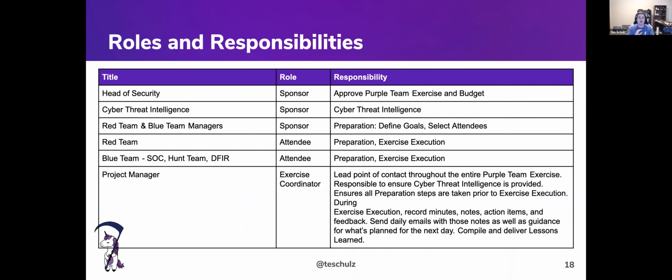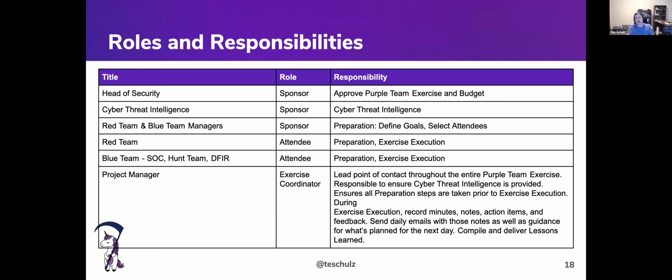We're going to start with roles and responsibilities. As I mentioned, we outline everything here. These are all of the different roles and responsibilities that we have for the Purple Team Exercise Framework. A lot of these are potentially your sponsor. As I mentioned before, depending on the expertise of your team, you can perform multiple of these roles yourself. You can do the cyber threat intelligence, the red team, the blue team, if you're brought in for those things and have the appropriate permissions and expertise.